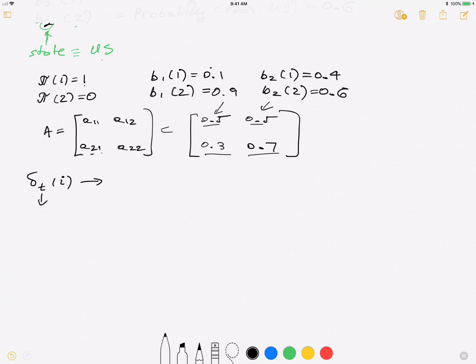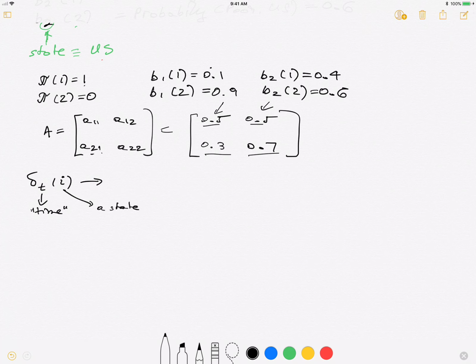So T indicates time in the sequence. It follows that I indicates a state.